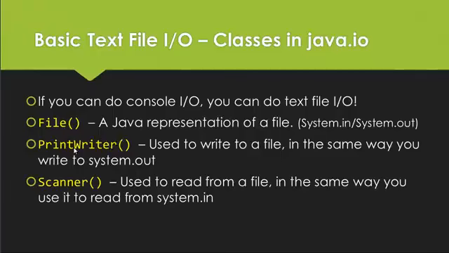PrintWriter is used to output to a file the same way you write to System.out. And for input, we'll continue to use Scanner, which tends to be the most flexible class for doing input from a text file. And this will work the exact same way as you know Scanner already. Instead of using System.in, we'll use an object of type File when we create our Scanner object.